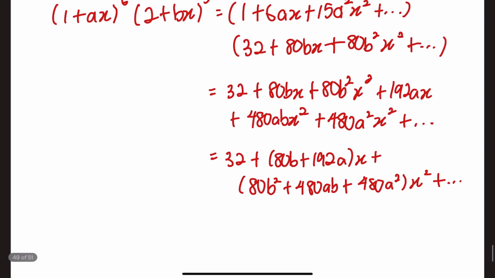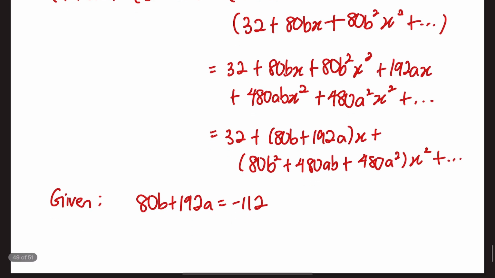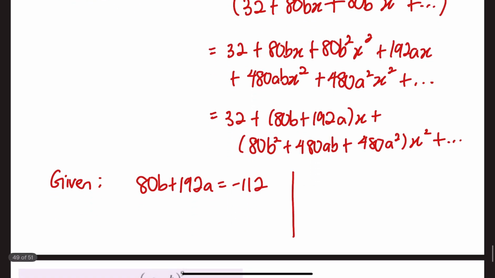Okay, so what you are given is that given coefficient of x is negative 112. So therefore you are given that 80b plus 192a equals to negative 112. Okay, you are also given that 80b squared plus 480ab plus 480a squared is equal to 80.